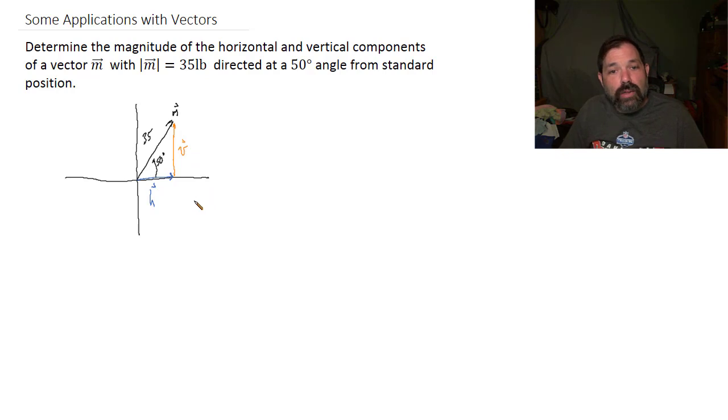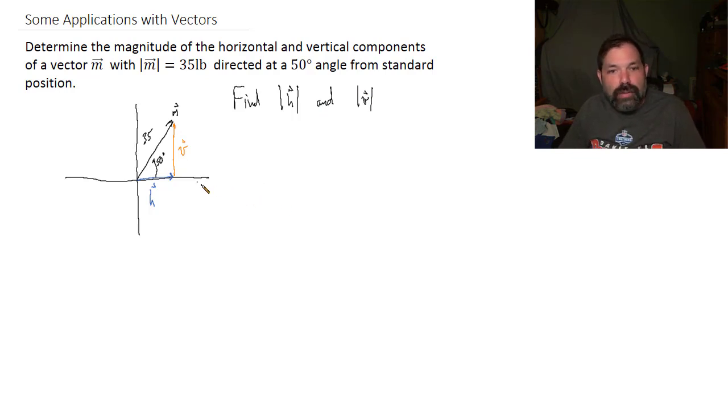Basically, the h vector plus the v vector is equal to the m vector. If we think of how we learned how to add vectors, that should seem reasonable. Well, now we're asked to find the magnitude, right? So let's find the magnitude of the h vector and the magnitude of the v vector.